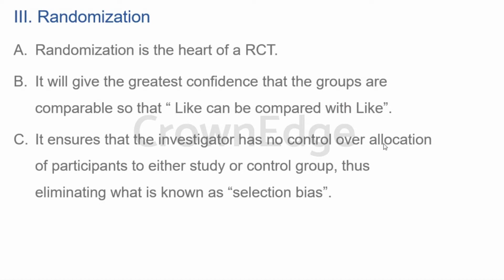It ensures that the investigator has no control over allocation of participants to either study or control group, thus eliminating what is known as selection bias. This is the question: heart of a control trial is randomization.